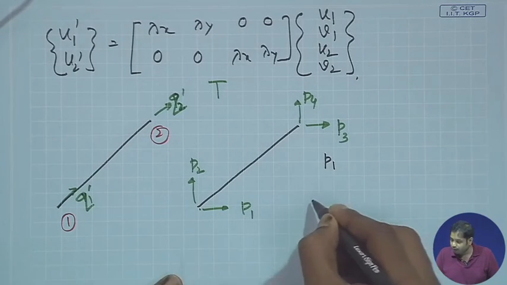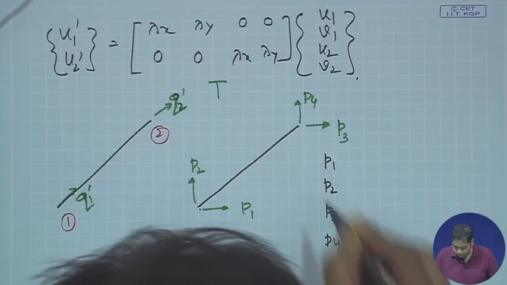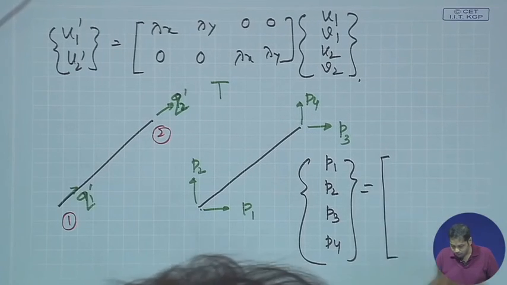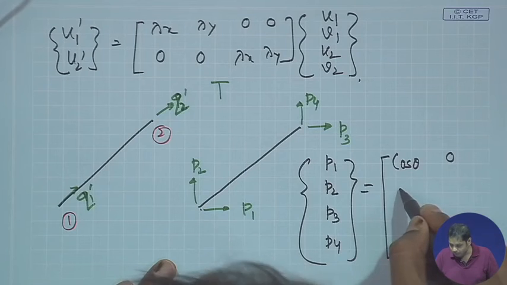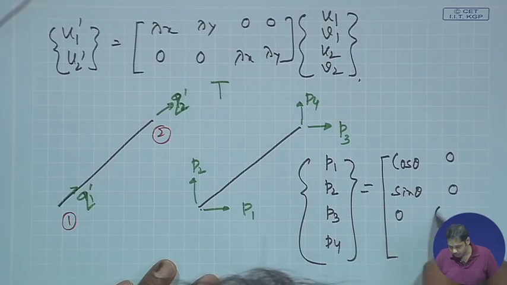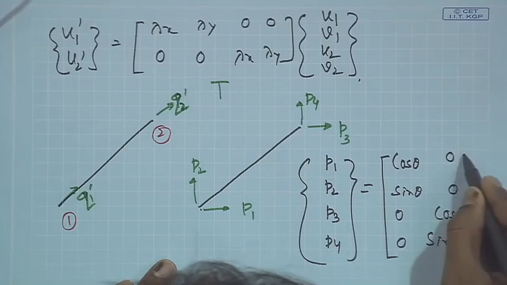You have P1, P2, P3 and P4, and this entire thing will be equal to the transfer in the same way: lambda x, lambda y, 0, 0, 0, 0, lambda x, lambda y.